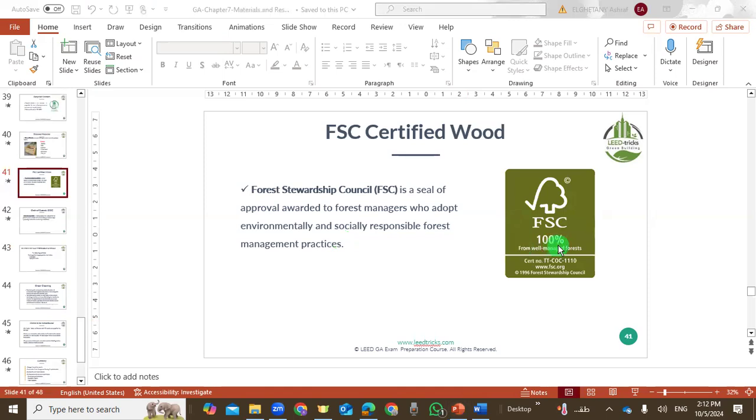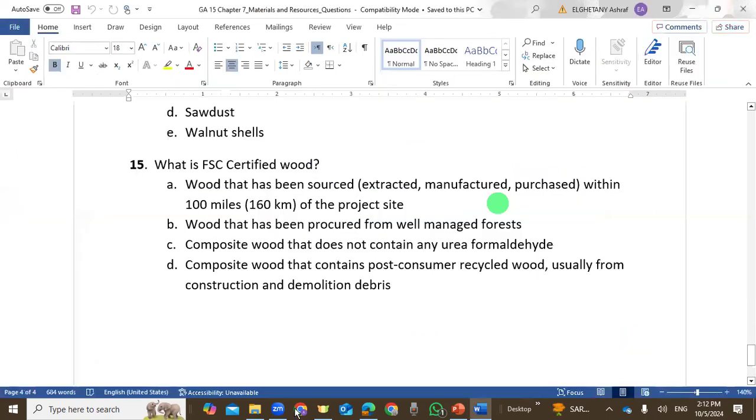From well-managed forests. I put the cursor on the green. From well-managed forest. So that's why this is the answer: wood that comes from well-managed forest. That is the right answer.